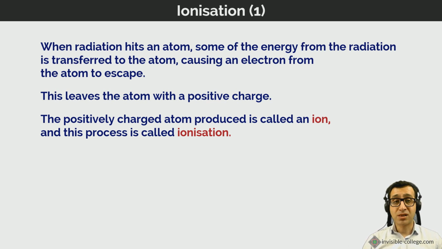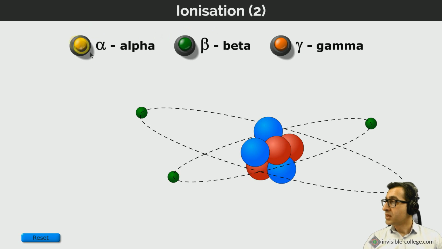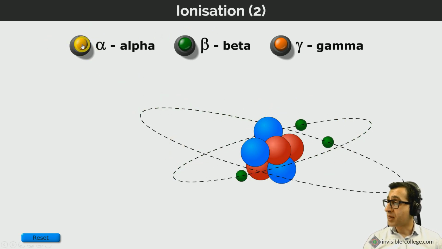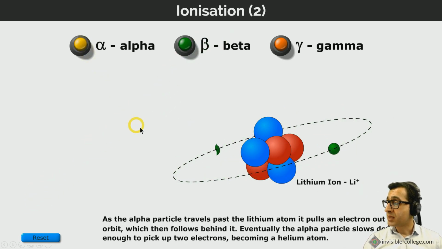Now, alpha particles, beta particles, and gamma rays have different ionizing properties. They are able to ionize atoms and also molecules to differing extents because of their differing natures. So, if we take a look at this atom here and imagine that it's struck by an alpha particle, the reason an alpha particle ionizes an atom is because as it travels close to the atom, it electrostatically attracts its outermost electron.